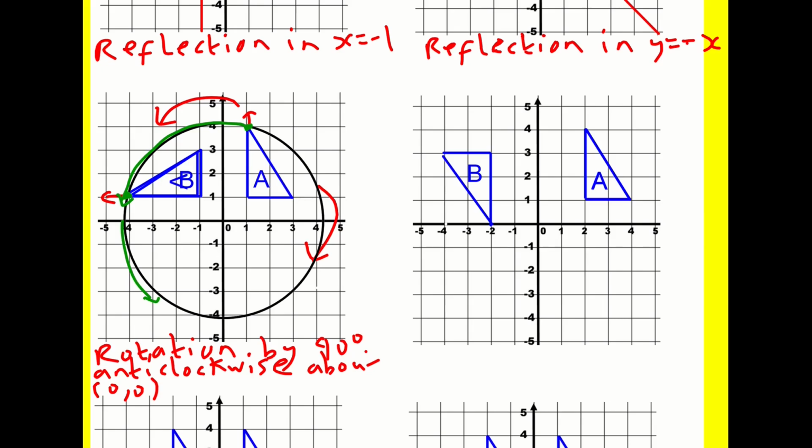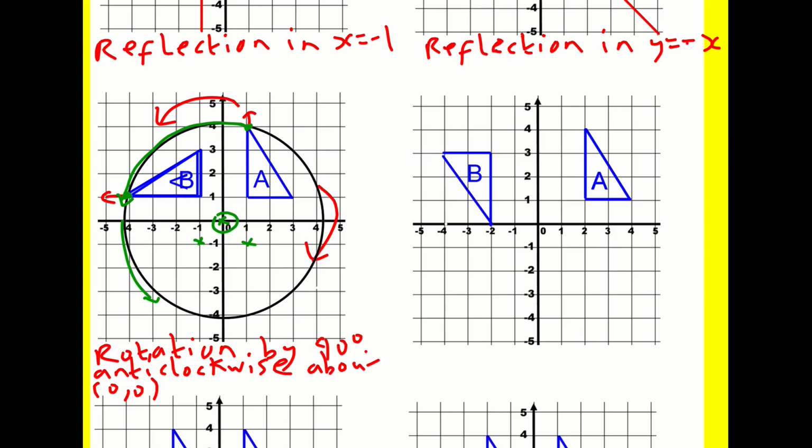It's going to be where these lines intersect. So if you just try a few, we'll see in the second example a bit more. But if you tried around here, here, and here, and you put your tracing paper down, you've drawn your shape, and then you put your pencil in different places, you'll see that yes, it's this one here in this particular case that makes it line up.